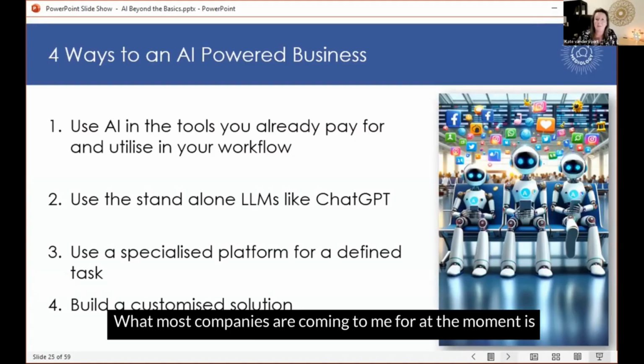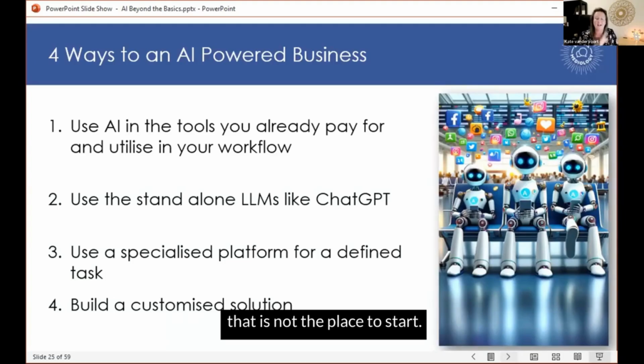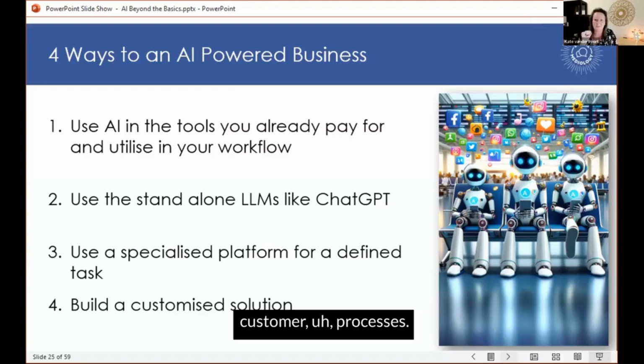What most companies are coming to me for at the moment is they want a customer-facing AI solution. That is not the place to start. You want to embed AI into all other aspects of your business before you let a chatbot or an AI agent start handling your customer processes.